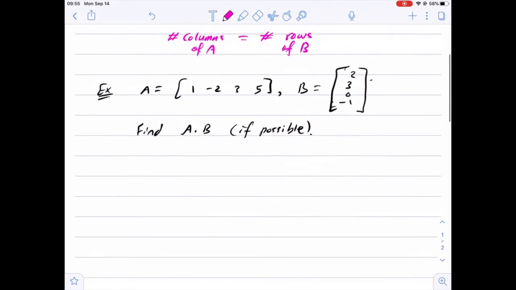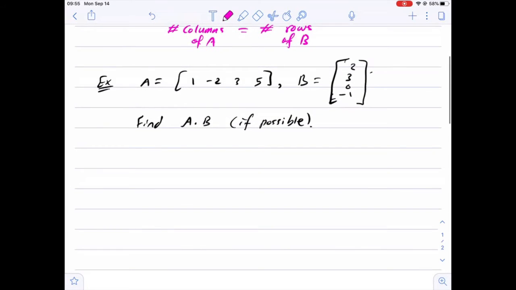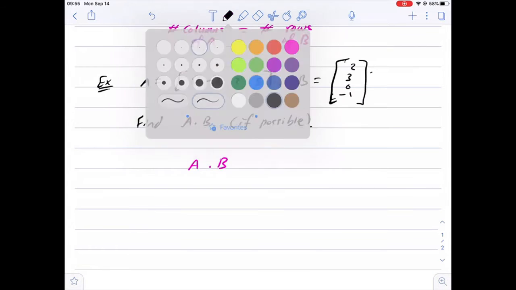Now let's take an example. In this example we are given two matrices A and B, a row matrix and a column matrix, and we want to see if A times B is possible first, and then we find it if it's possible. So is this operation possible, A times B? Let's see.